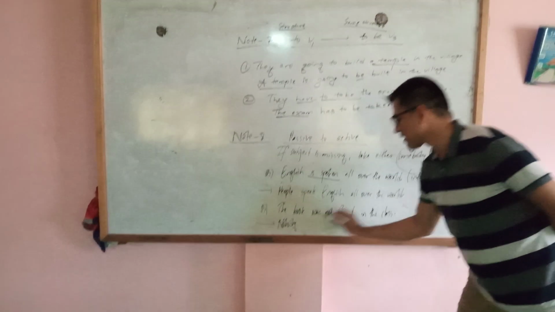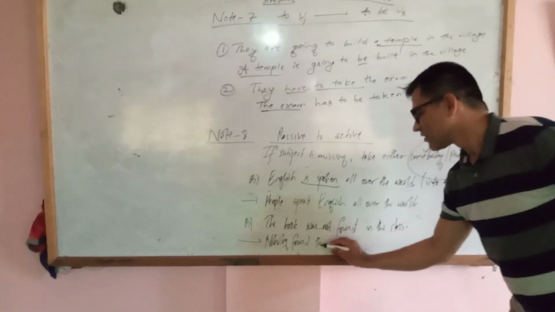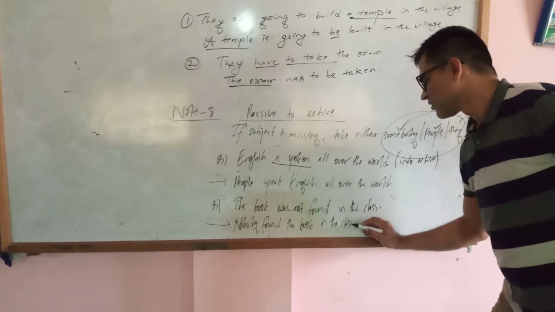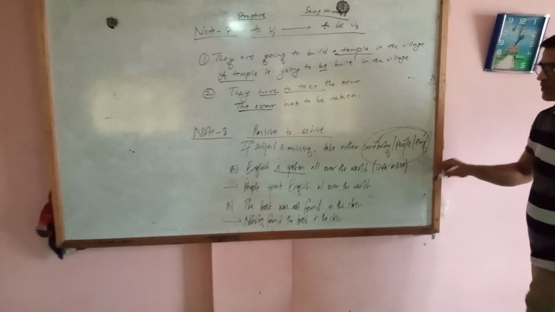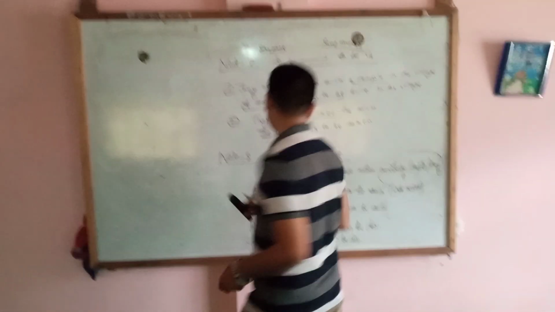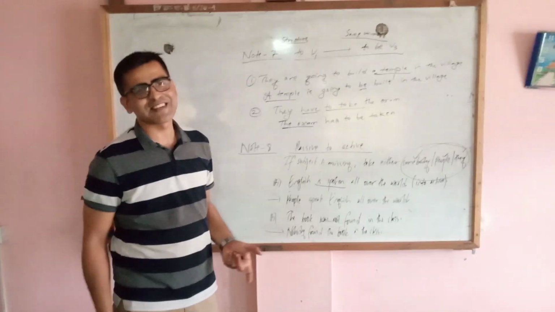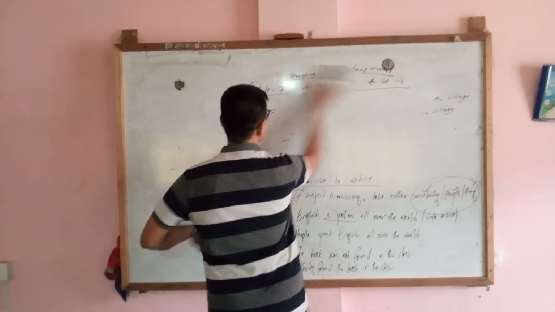Nobody and was not found is B2. What is the B2? Found the book in the class. Nobody found the book in the class. You see here. So these are the different notes to be written while changing statement sentences.